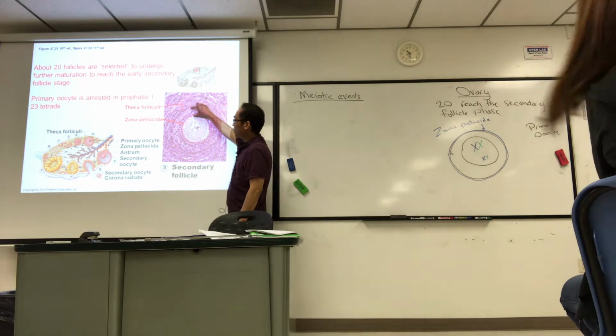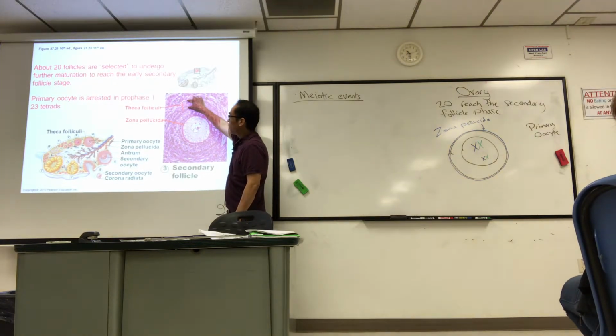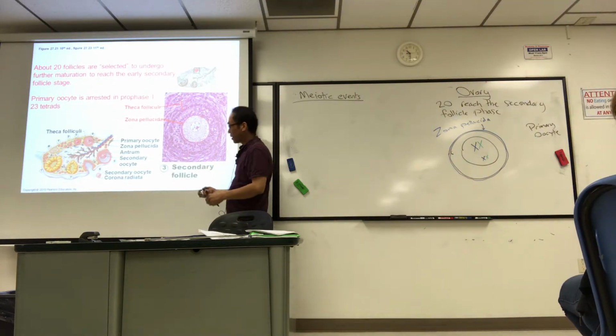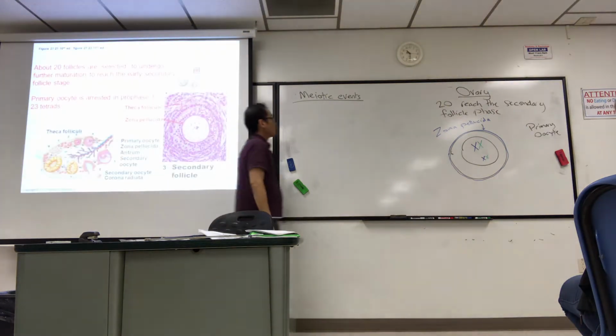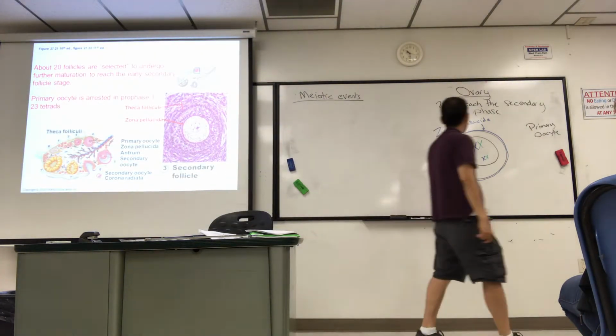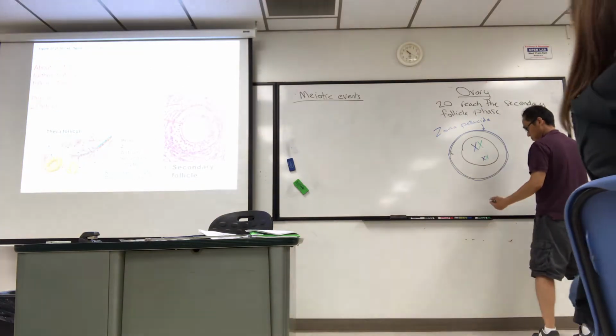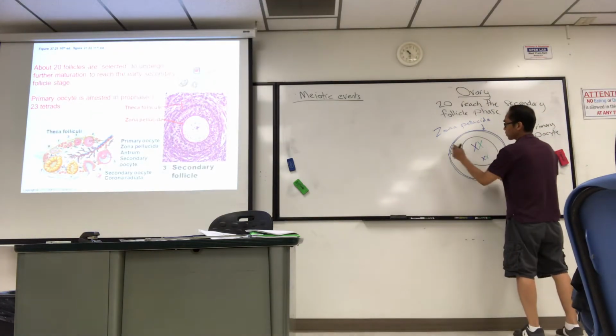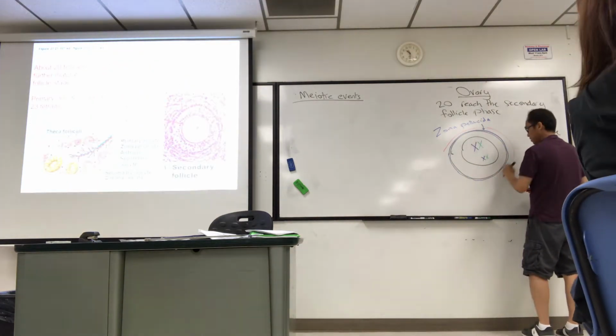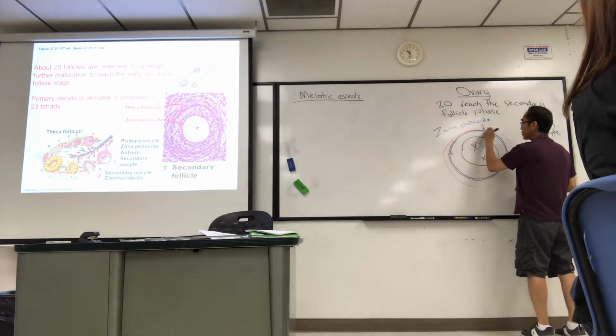I already taught granulosa cells and theca. Okay, I didn't label granulosa cells here. Maybe I should have. We have many layers. I'll just draw it as red lines. Granulosa cells.